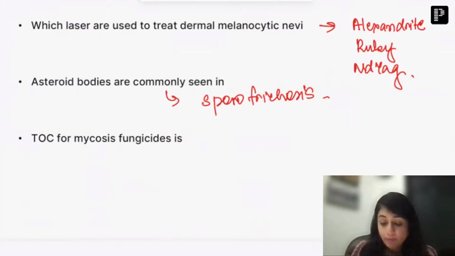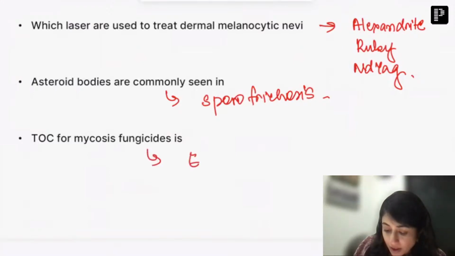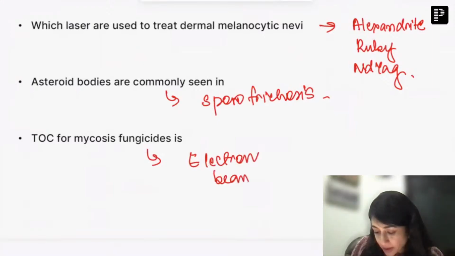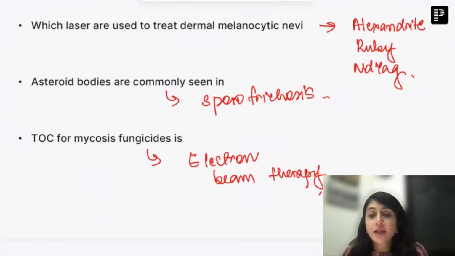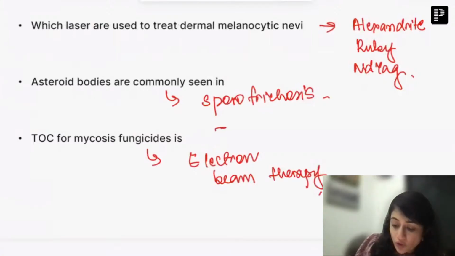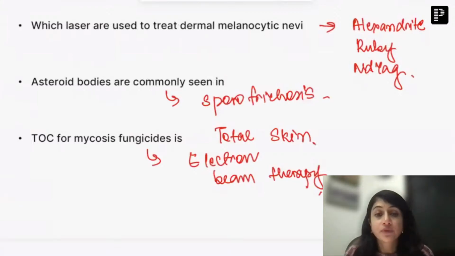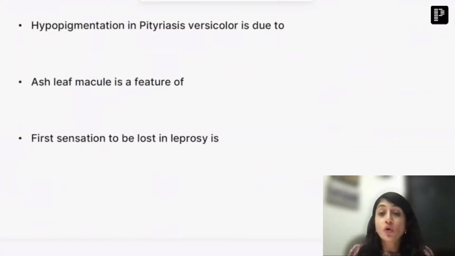Treatment of choice for mycosis fungoides is electron beam therapy. Sorry, I'm answering you because I think there is a time which is short and I want to cover all the questions. Not rituximab, not PUVA. It is electron beam therapy, also referred to as total skin electron beam therapy. This is the treatment of choice for mycosis fungoides.